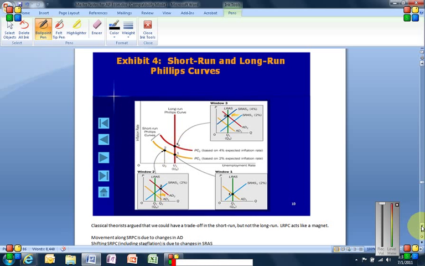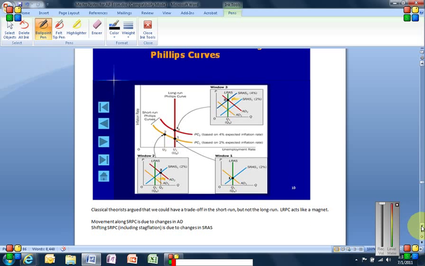But before we talk more about this, just understand and remember that if we're going to have a movement along the short-run Phillips curve, that's due to changes in aggregate demand. If you actually put pen to paper or stylus to computer and you draw these changes enough, it'll sink in. But if we're going to move off of a short-run Phillips curve and go to a new point that's not on an existing short-run Phillips curve, and let's say maybe that reestablishes a new area of trade-off, so now we have to draw a new short-run Phillips curve.